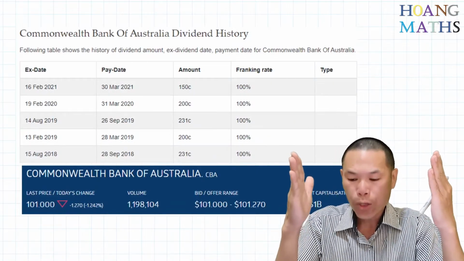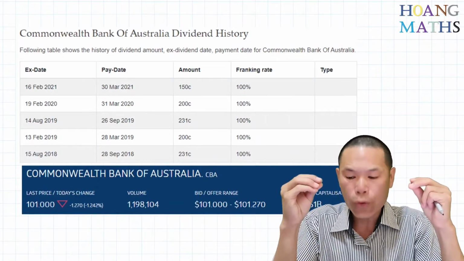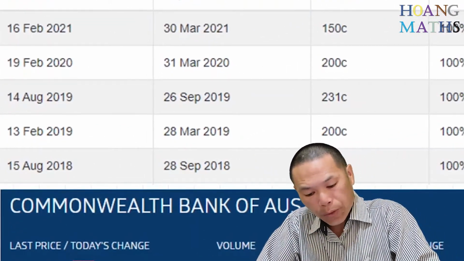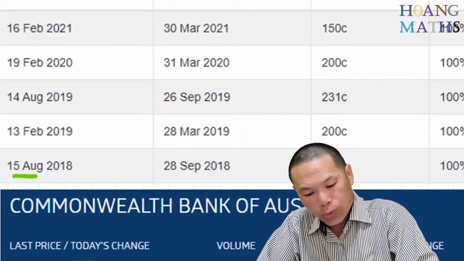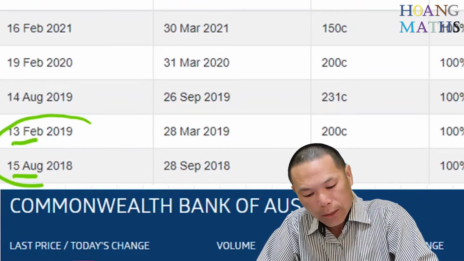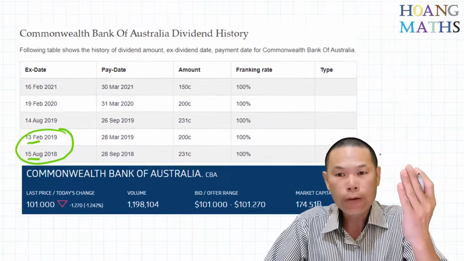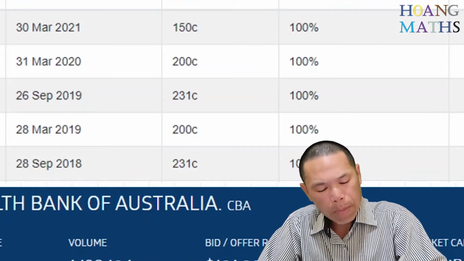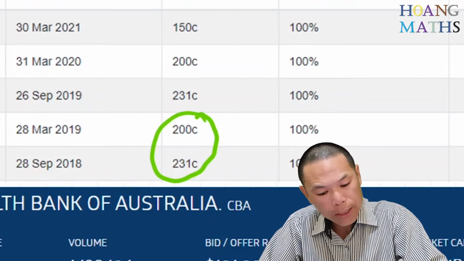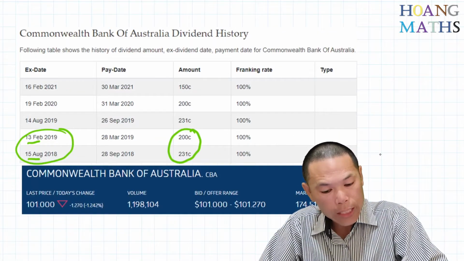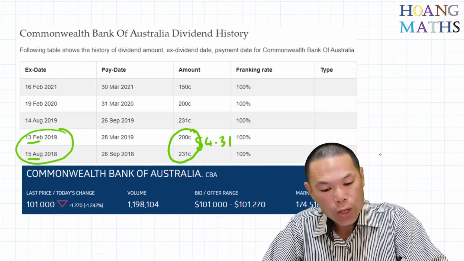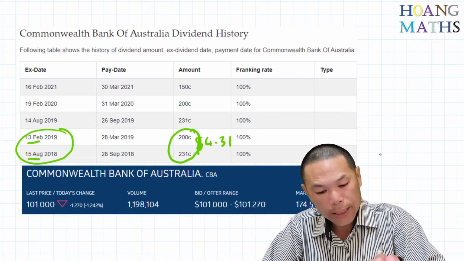Second example. This is the dividend record for Commonwealth Bank. You can see from 15th of August to 13th of February, 2018 and 2019, so this is the financial year for 2019. The dividend payout, if we add them up, is $4.31 for 2019.